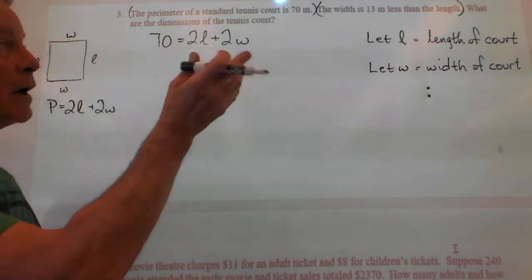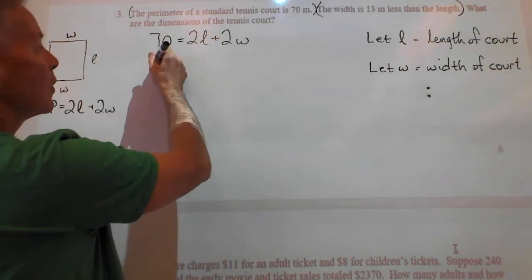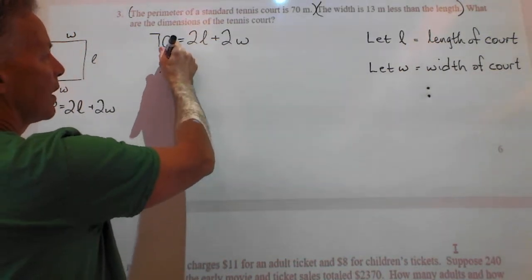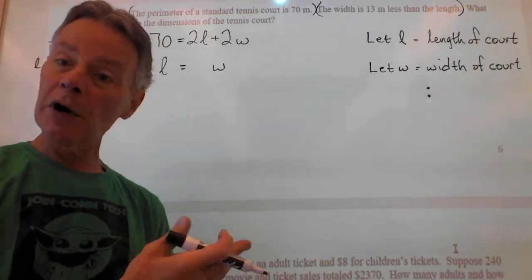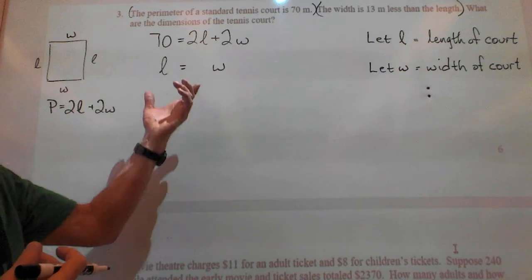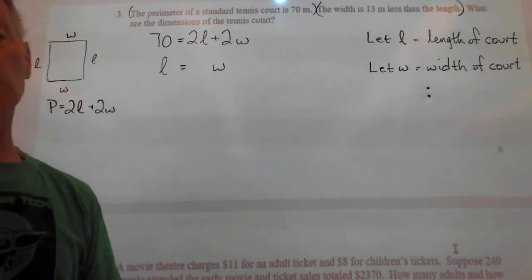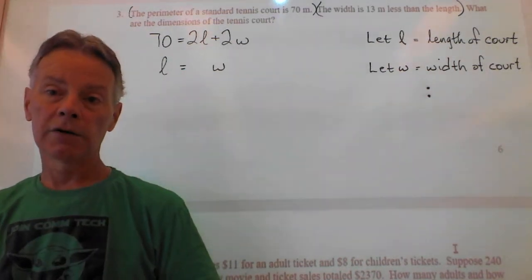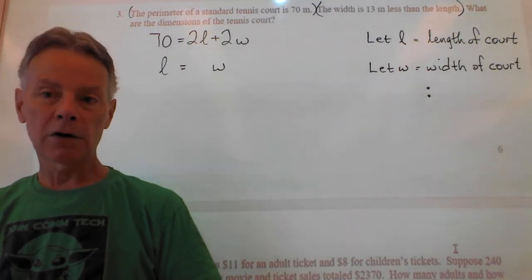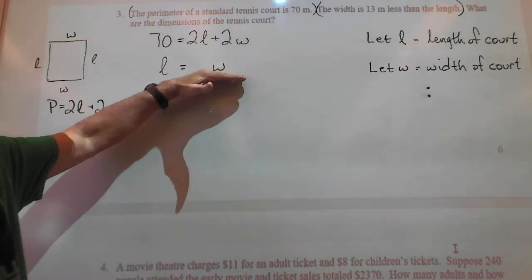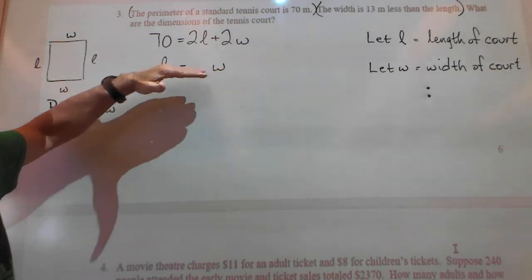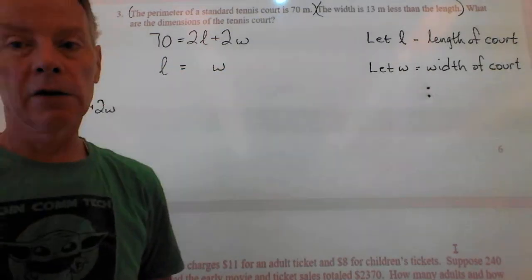Now, when you're comparing these two things, you're going to put them on either side of the equation, right? Because we're comparing them. Now, what I've written here is length equals width, and we know that's not correct. How do we make it correct? What do we have to add to the width in order to make it equal to the length?